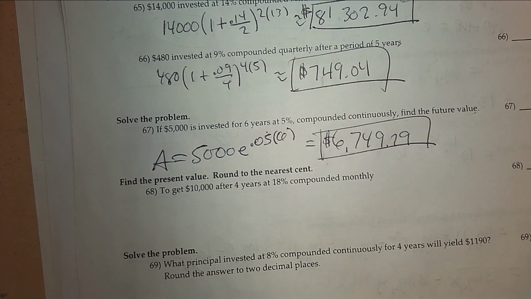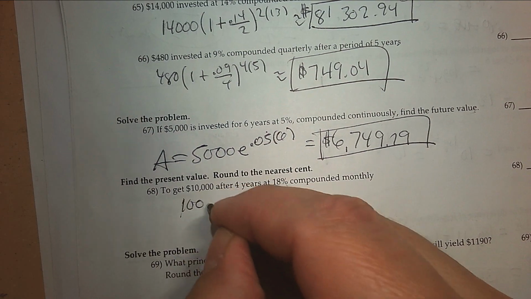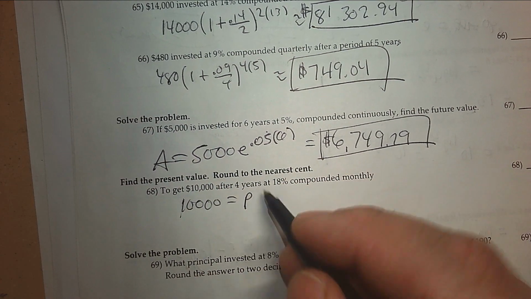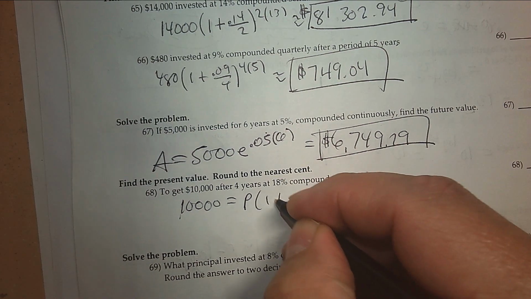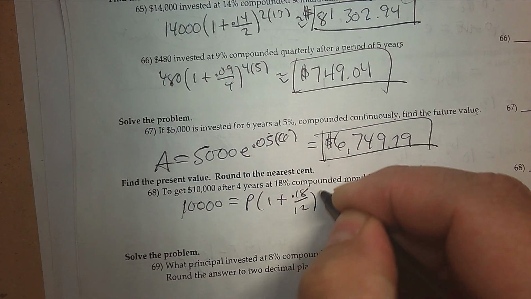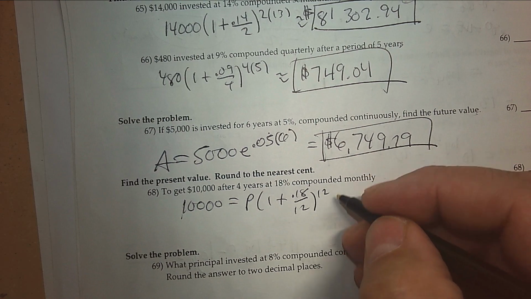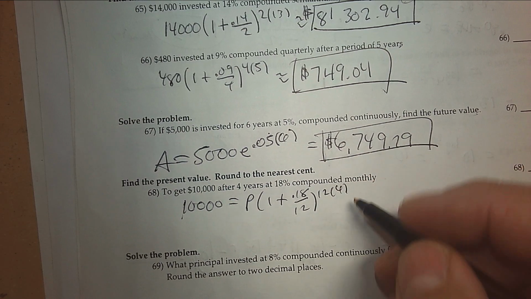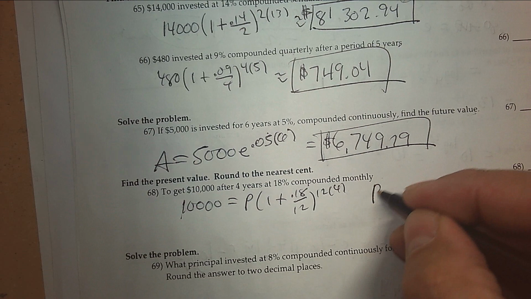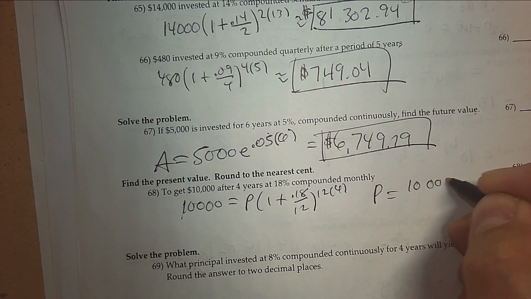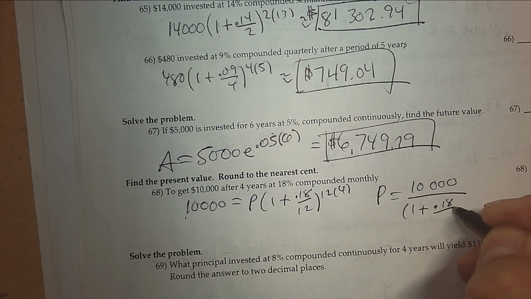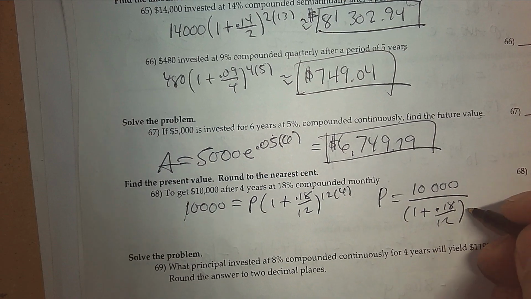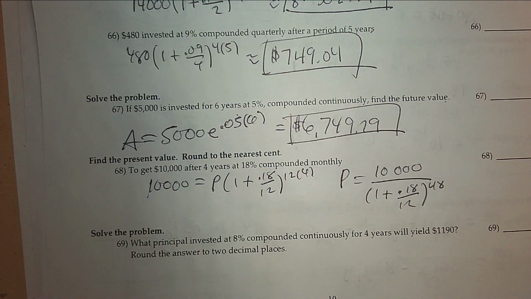A little different. To get 10,000, so the end amount is 10,000. 4 years at 18% compounded monthly. So to compound monthly, that's 12 times a year, and it's 4 years. So to get P by itself, you just have to divide. So it's 10,000 divided by 1 plus 0.18 divided by 12, and that's 48, 12 times 4.